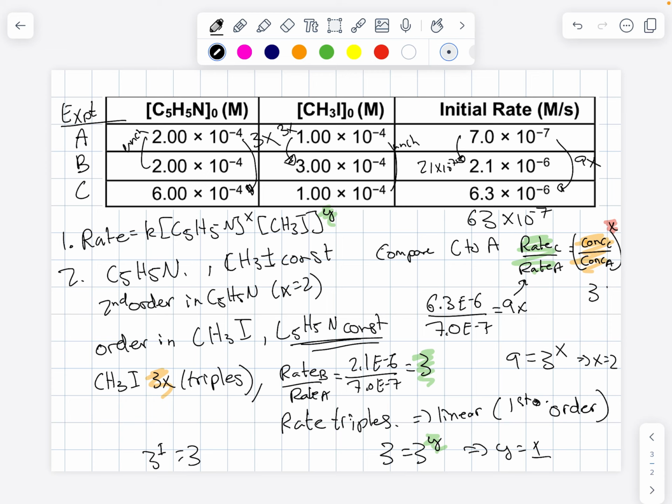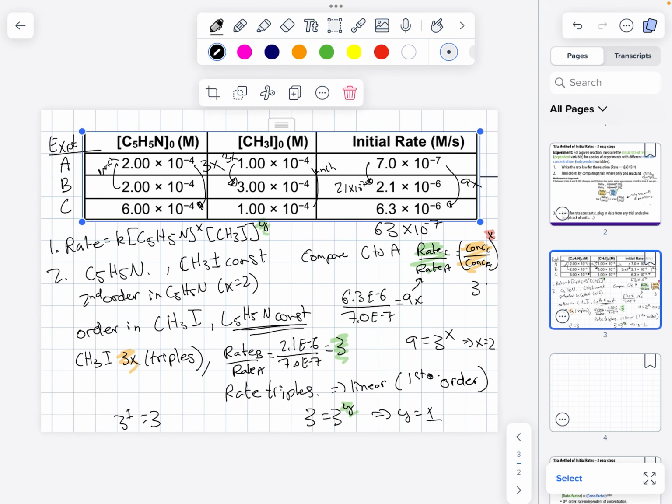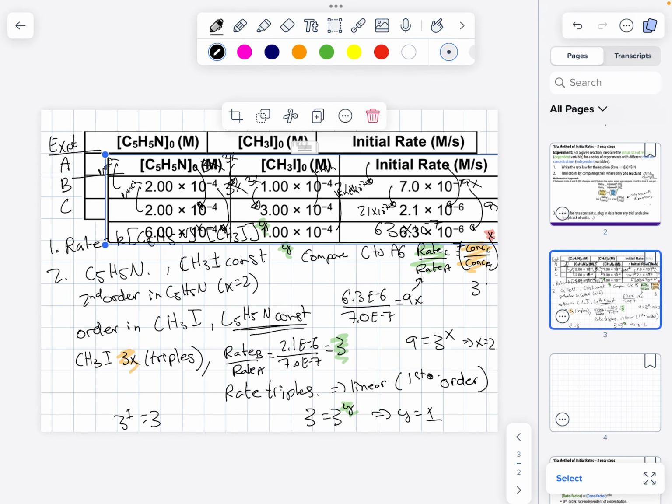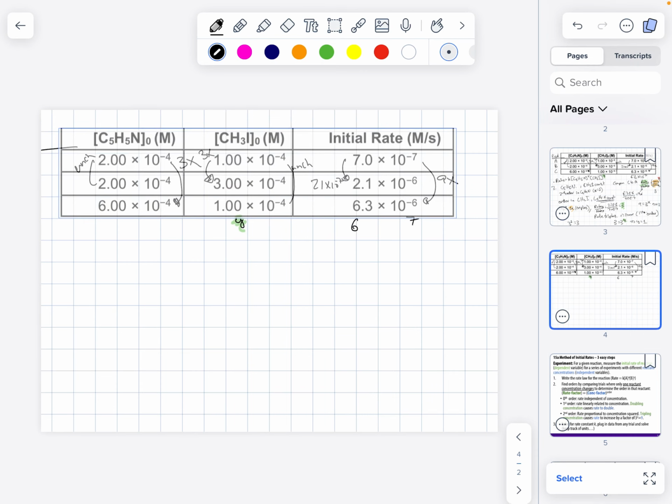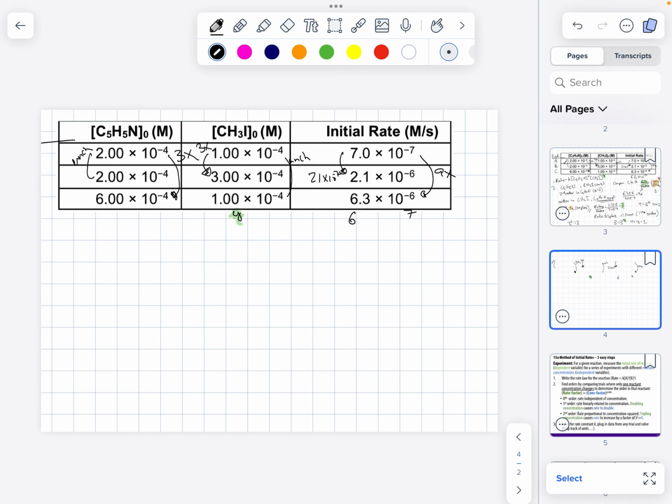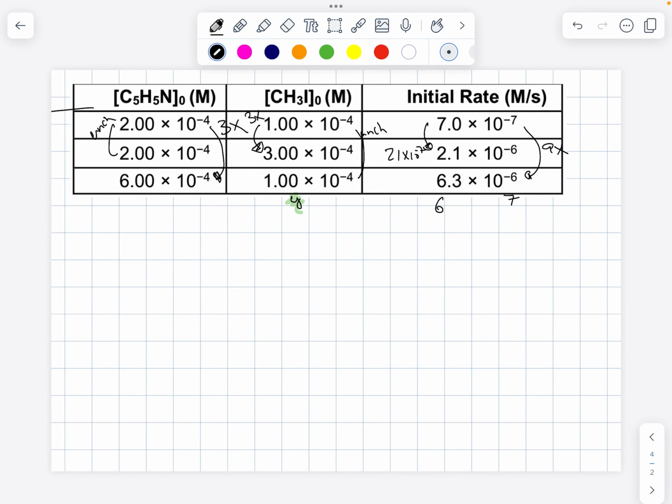The last step here, then, is to determine the rate constant. In that case, I can determine the rate constant by plugging into any trial.